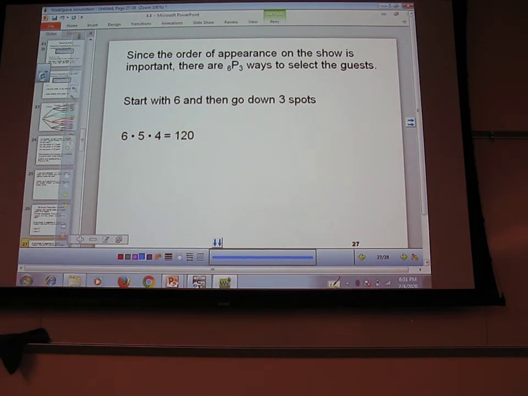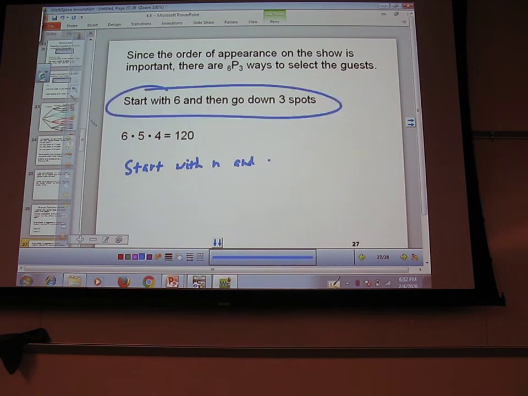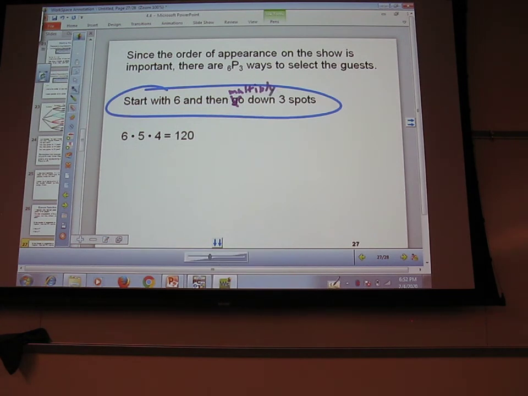So start with N and multiply down R spots.